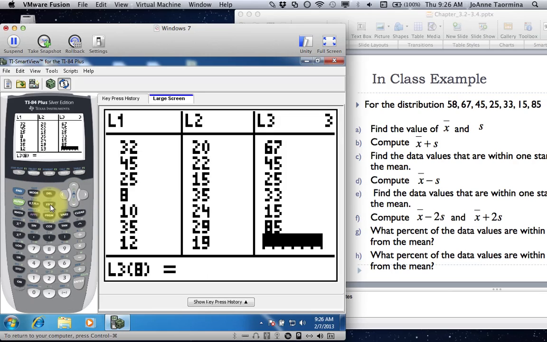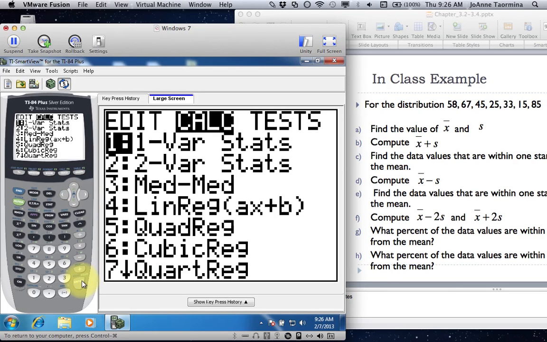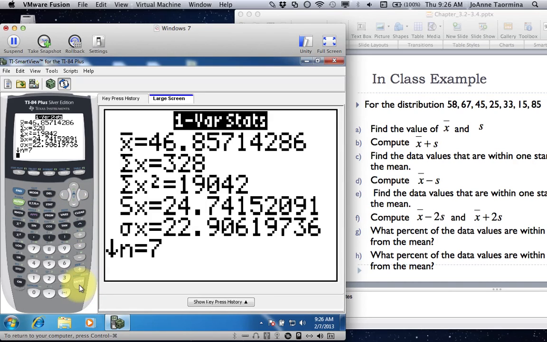Okay, running one variable statistics: stat, calc, enter. I'm going to change the list to L3. Go down to calculate, hit enter.